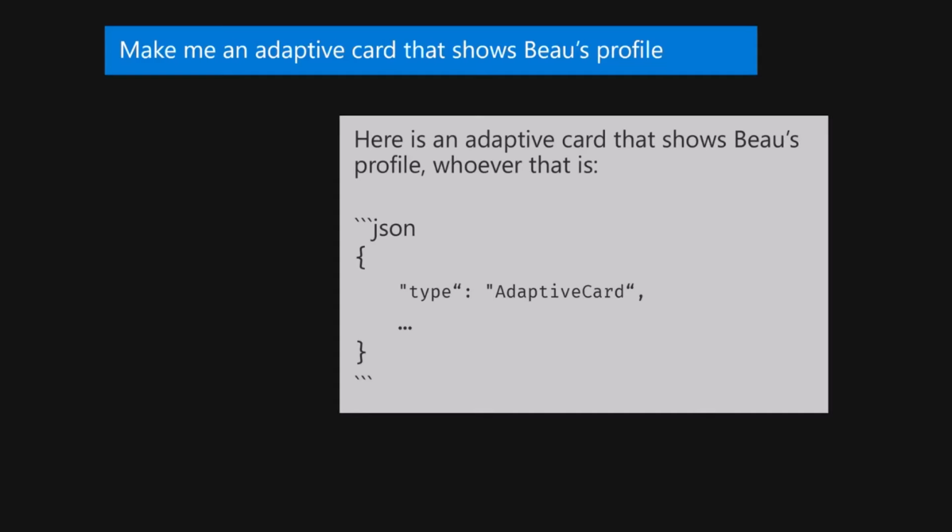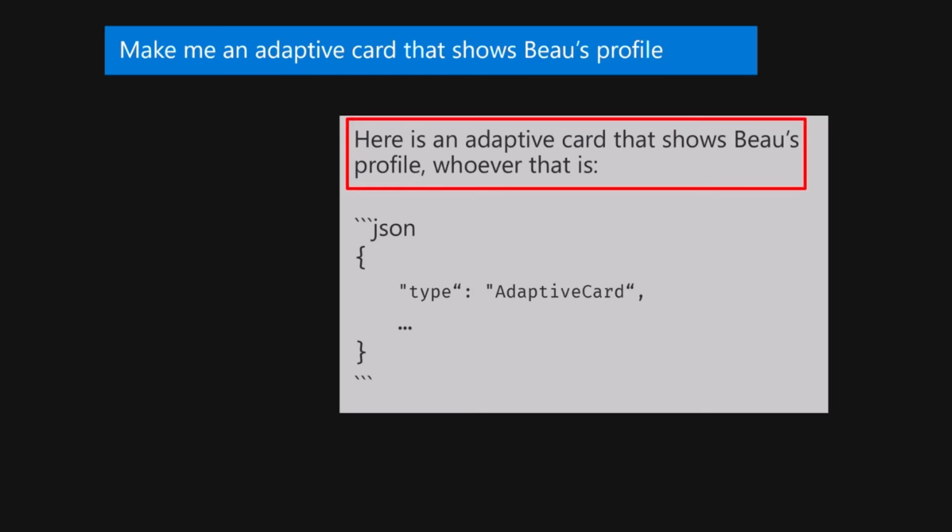It would say, here's an adaptive card, and then it would use the markdown convention to show a block of, in this case, JSON code that would contain the adaptive card. And I could do that. It would be easy. The only problem is I would have to parse the response to extract the JSON, which is not exactly what I'm looking for.